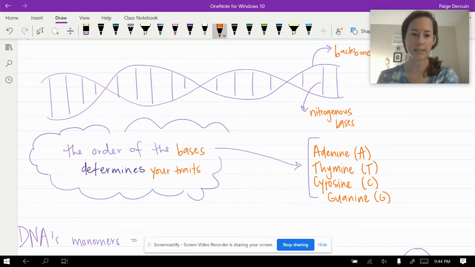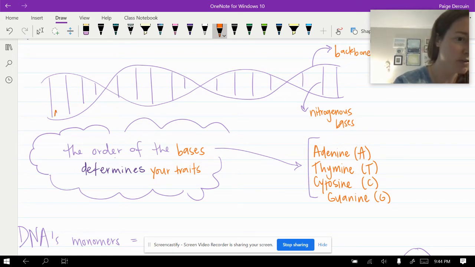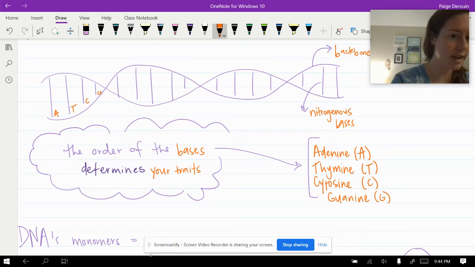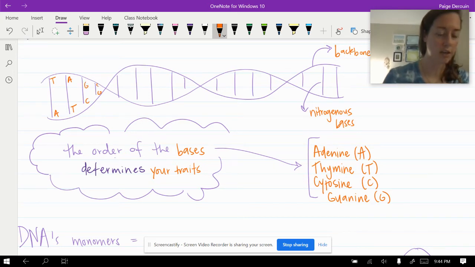So if you look at this DNA strand, it's really more like each half is a different order of letters. We'll talk about this in a few minutes, but if this is A, T, C, G, there's actually another half that's pairing with that, and that is T, A, G, C. And I'll talk about that more.